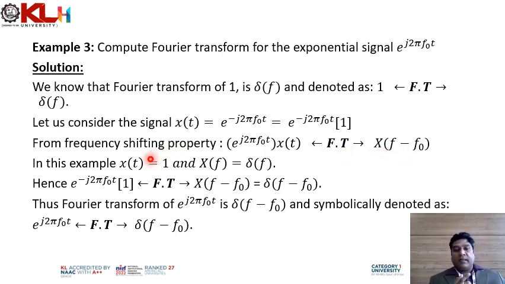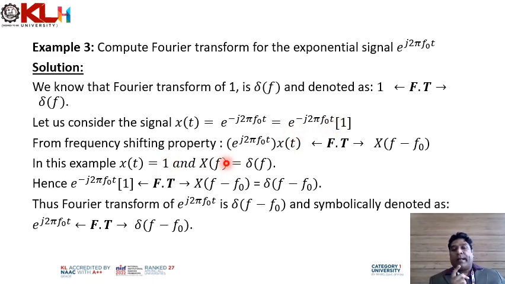So now in this example, if you compare this with the frequency shifting property, the problem is simply e power j 2 pi f naught t, which we have written as e power j 2 pi f naught t into 1. So now this x of t becomes 1.